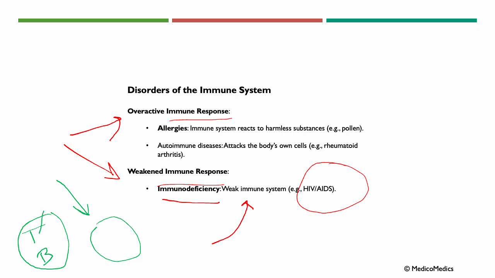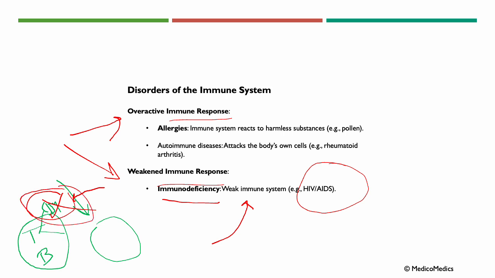Now, these T cells, you will learn, are mainly divided into what we call CD4 and CD8 T cells. And these T cells, the CD4 type, are the prime target of this HIV virus. So it connects to it and destroys them.